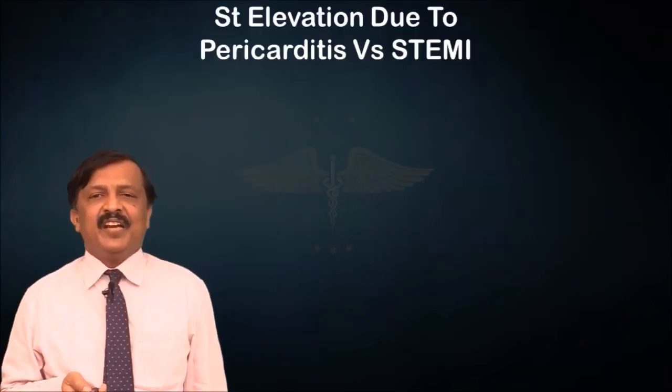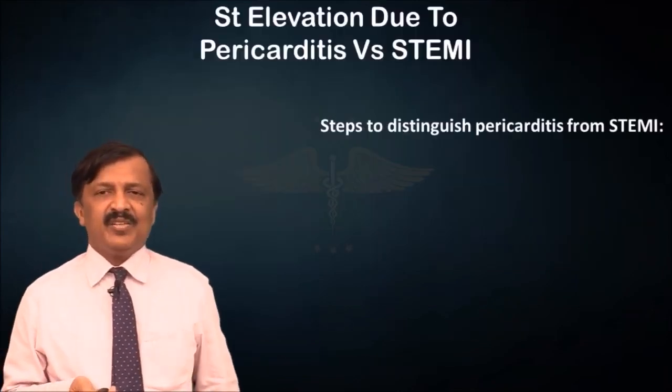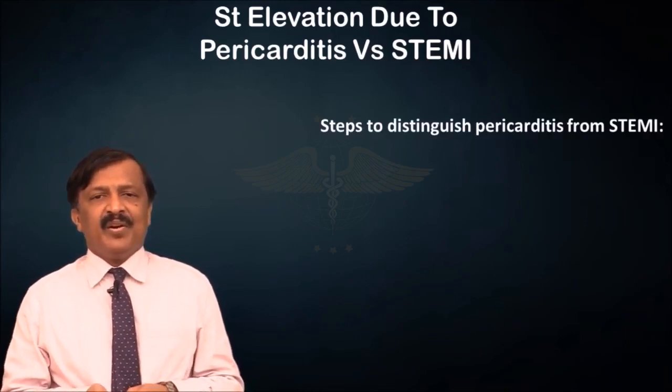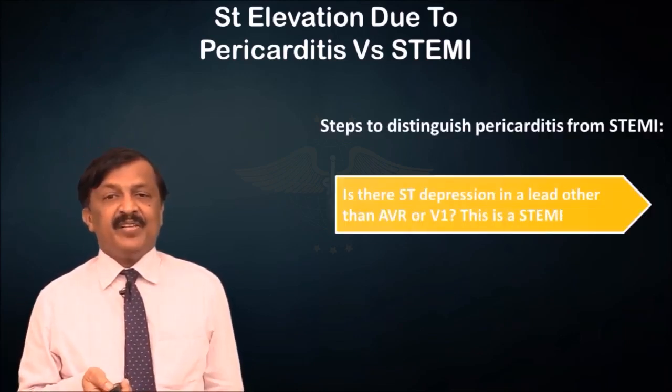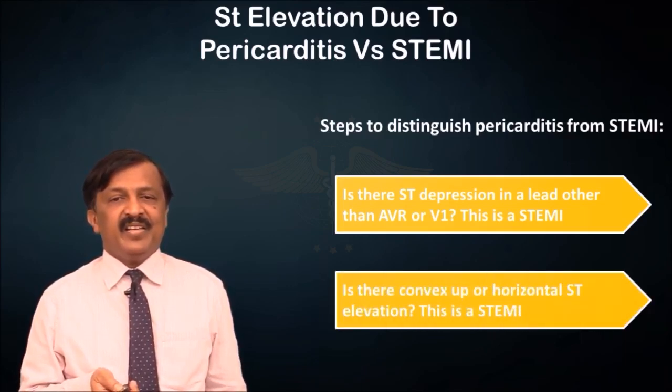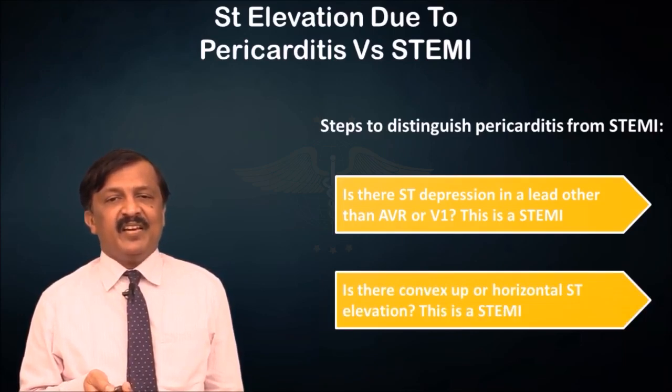How do you differentiate a pericarditis ECG change versus ST elevation myocardial infarction? The important thing is, again, is there ST depression in lead aVR and V1? Is there ST depression in leads other than aVR and V1? Then it is STEMI. If the ST elevation is convex and horizontal, it is an ST elevation MI.